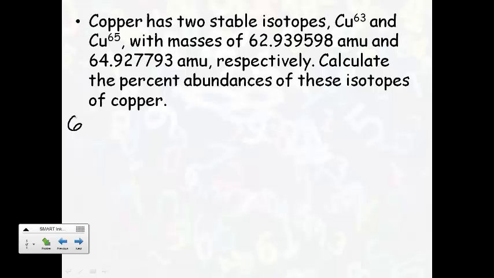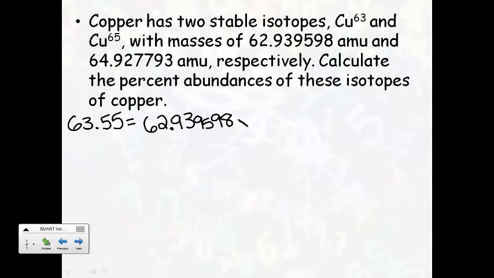So if you look at the periodic table, it should be 63.55. Okay, now we're going to set it up. So we got our first mass. All right, now we got our percentage.